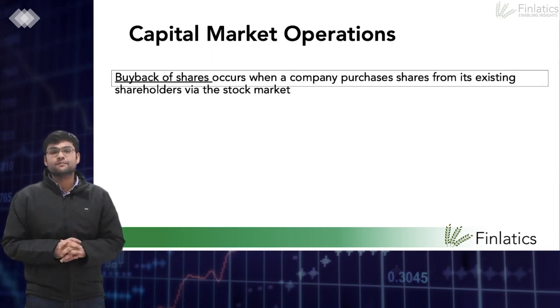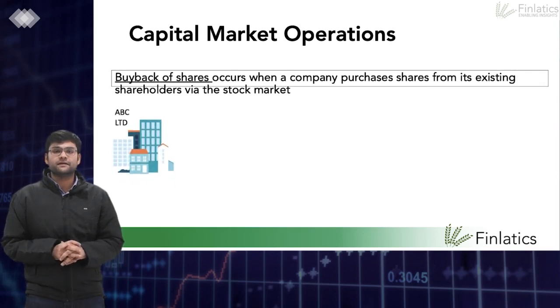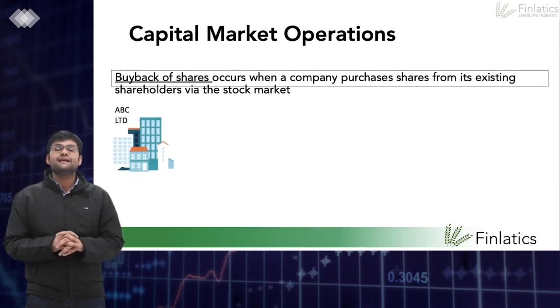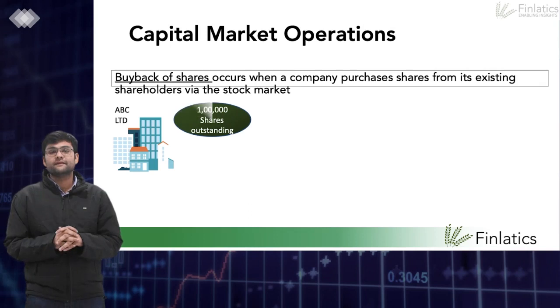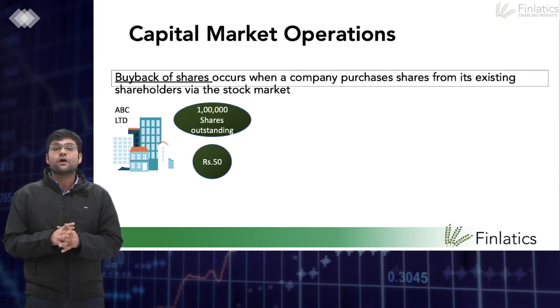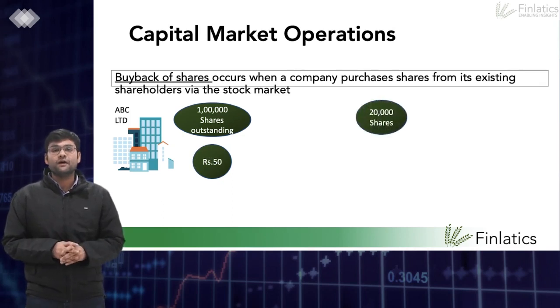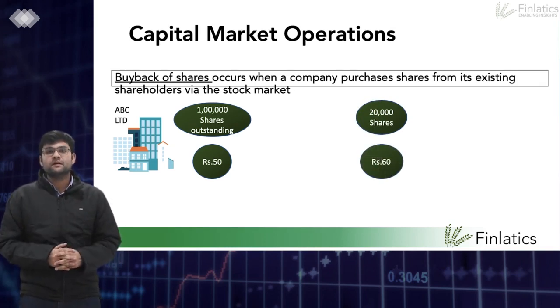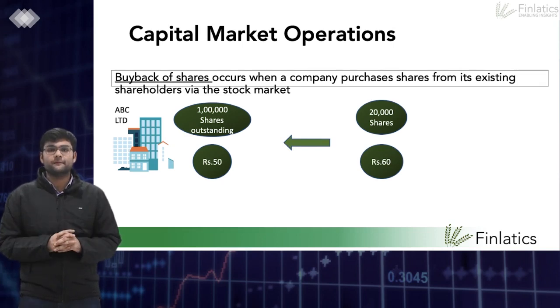To understand this more in detail, let's take the example of ABC Limited, which has around 1 lakh shares outstanding in the market at a market price of 50 each. It can announce a buyback offer of 20,000 shares at rupees 60. As an investor, you have the right to opt in for this buyback.